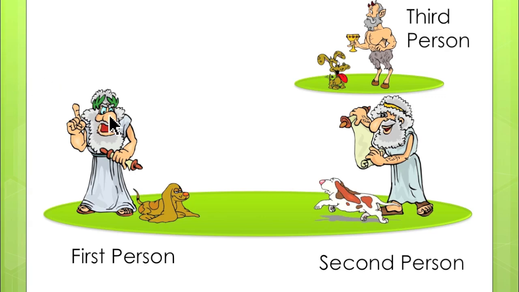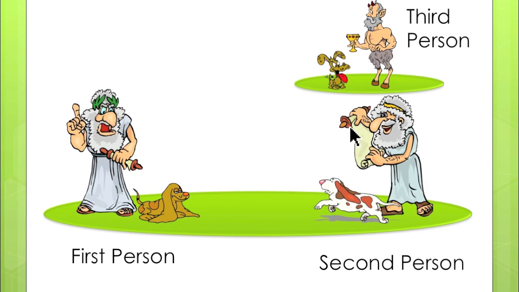Here we have a cranky-looking Roman poet, and he is talking to a more kindly Roman poet over here, and up over here is a satyr. From the perspective of this cranky poet here, the cranky poet, of course, is the first person.